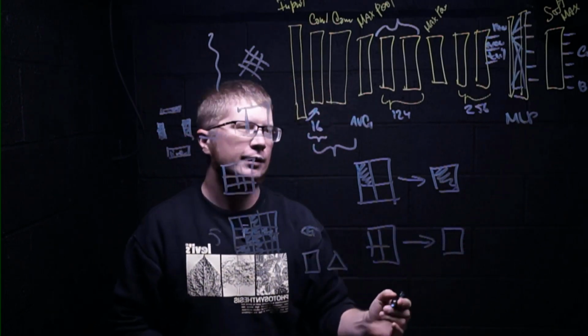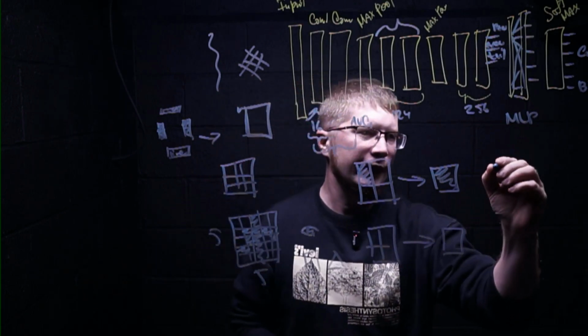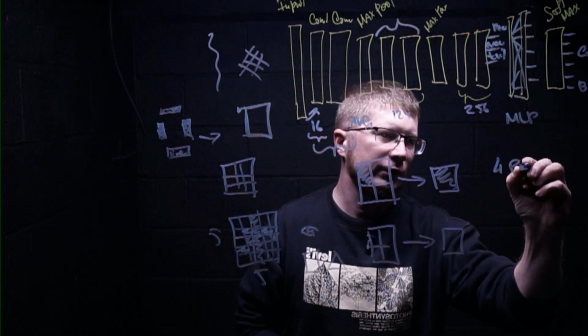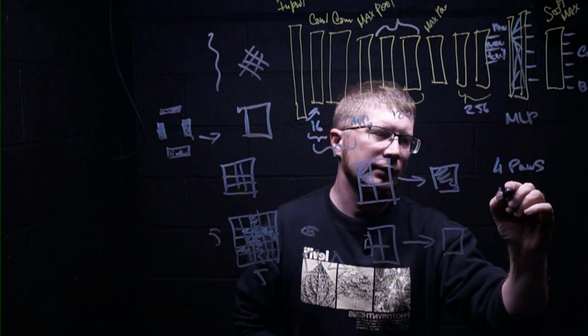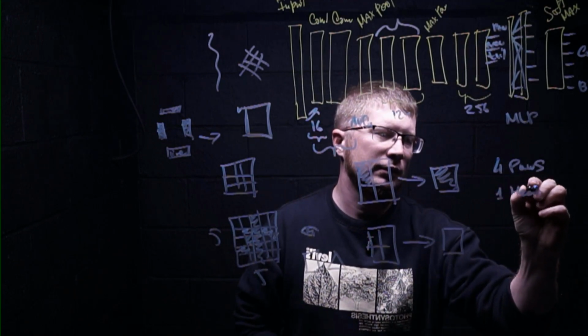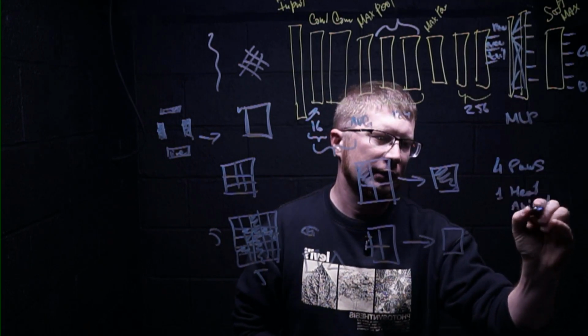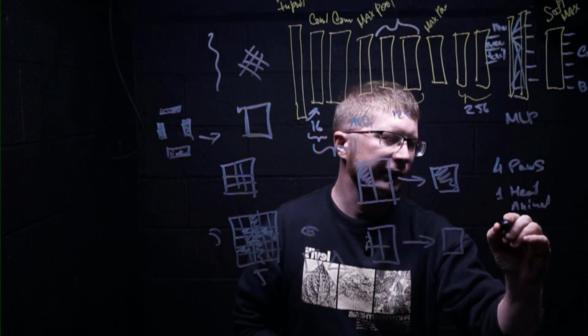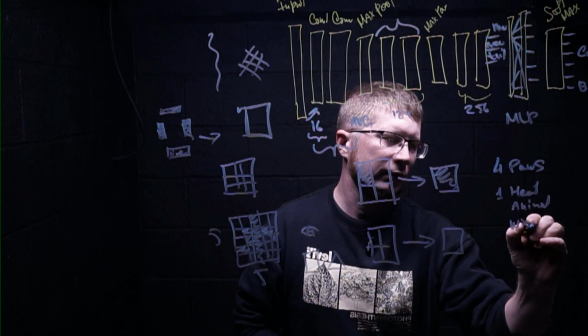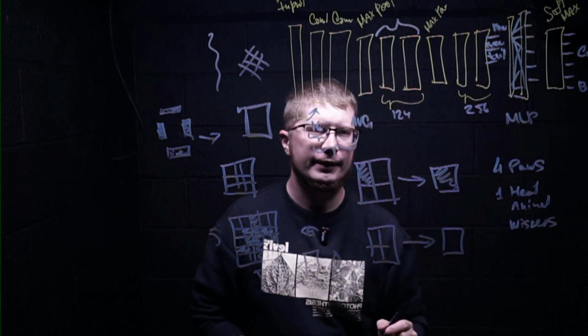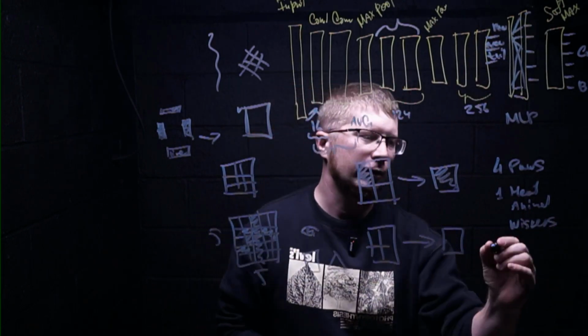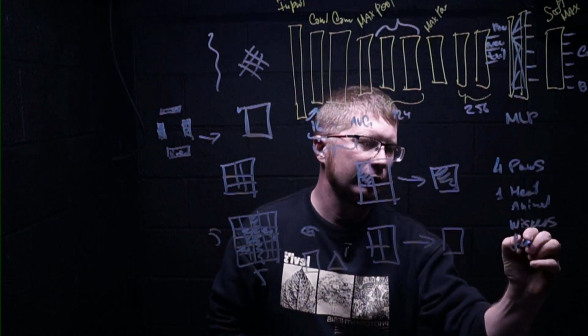the MLP layer will try to classify it. So it will think, okay, it has 4 paws, 1 head, and the head is like an animal head, and it has whiskers, and I don't know, the texture is fur.